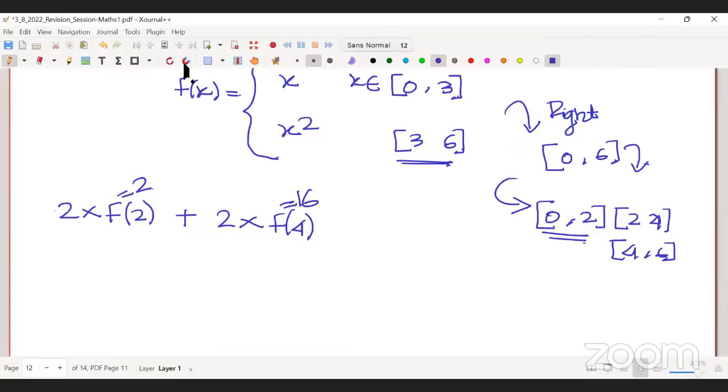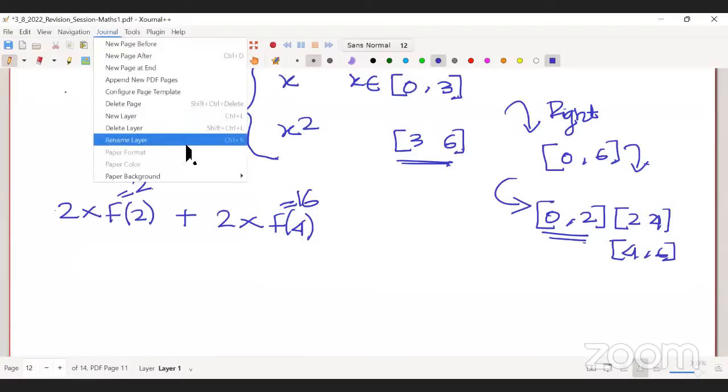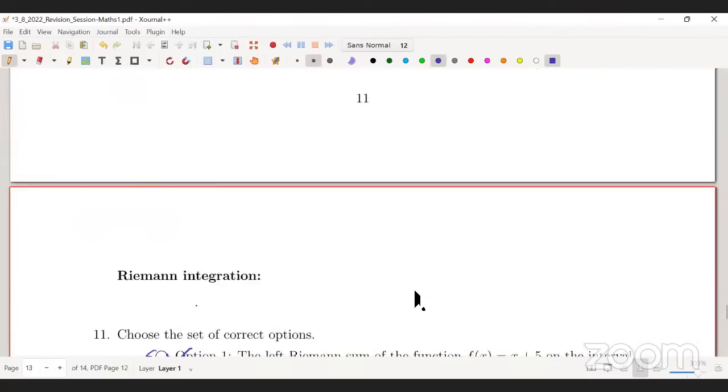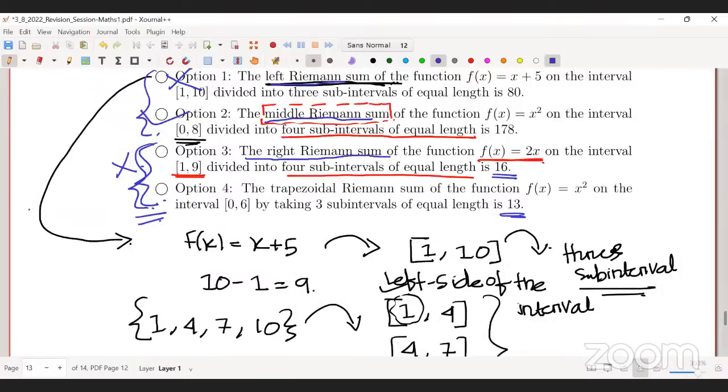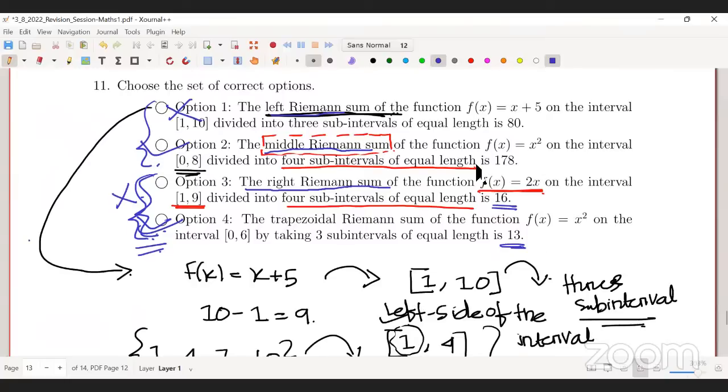Sir, I have one question. Out of the 3 Riemann methods, which is the optimum method? There is no optimum method, but in most cases the trapezoidal rule is probably the best. For some functions the left Riemann sum can give a better answer, but for most functions the trapezoidal rule is better.